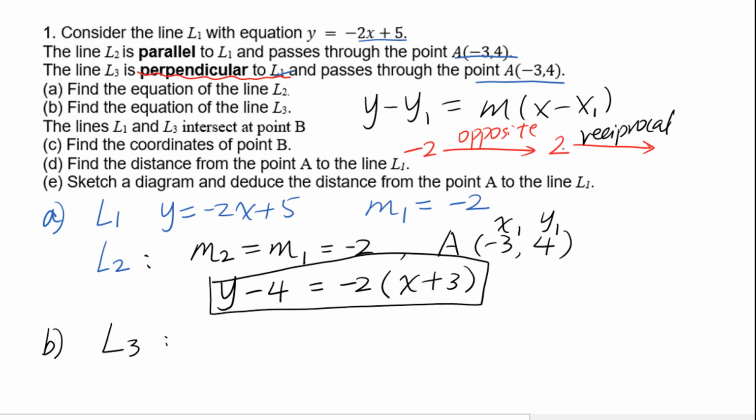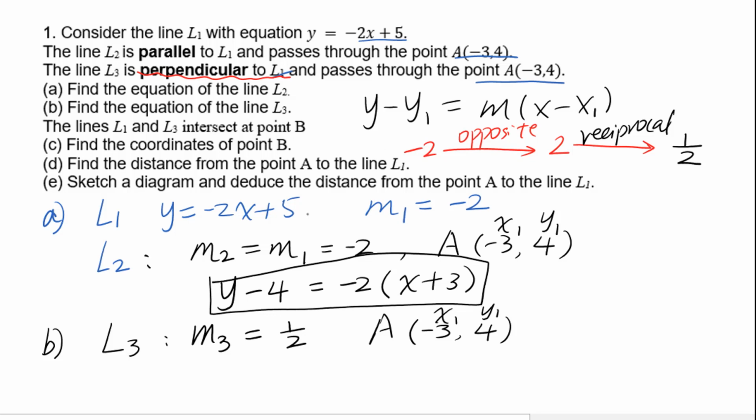Then do the reciprocal of this, 2 will be 1 over 2. Therefore, the slope for line 3, M3 equals 1 over 2. It passes through the point, still negative 3, 4, which we label as x1, y1.